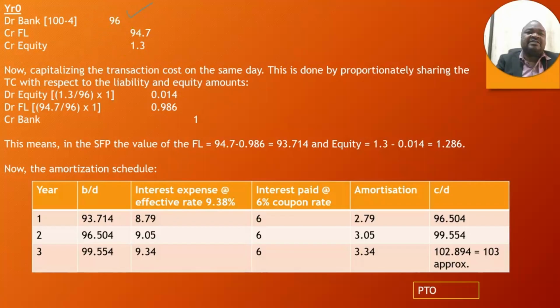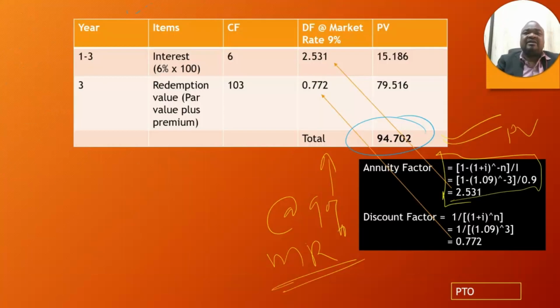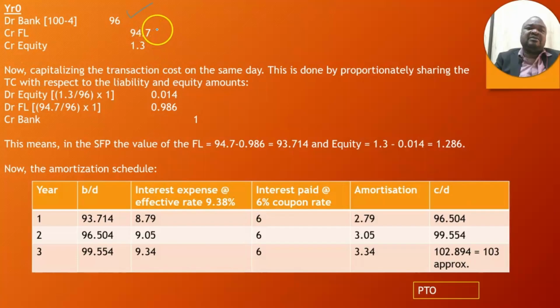So we receive 96. However, the present value was 94.702. So we need to split that amount. We need to split the 96, which was received in the bank, so that when we received it, it has to be accounted for in both liability and equity.